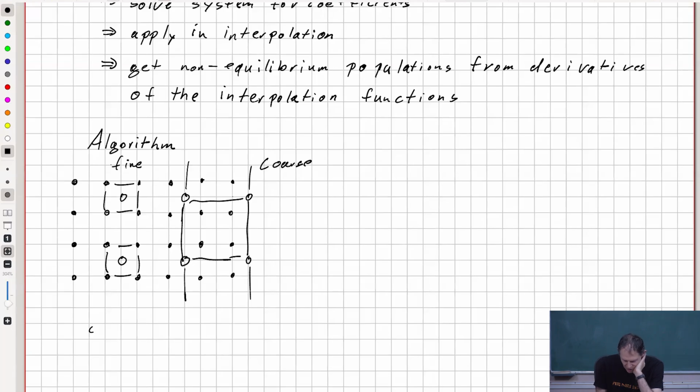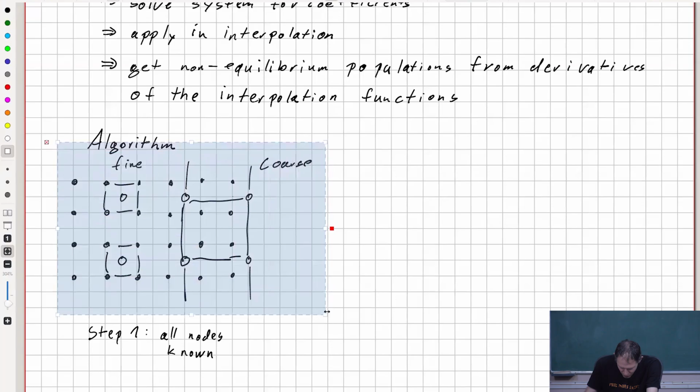So now assume we have here step number 1. All nodes have known values. Also, all nodes are known. All populations on the nodes are known. Now let me be a little lazy.